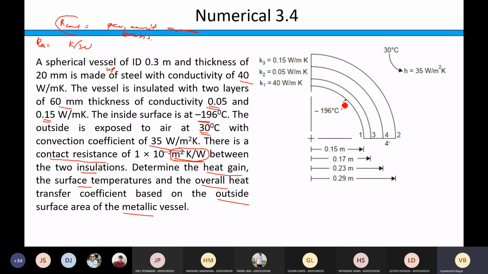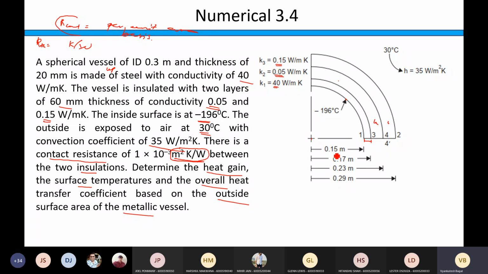This is your inner surface having the temperature minus 196 degrees C. Then this is the thickness of your metallic vessel, and the K of this thickness is 40 watt per meter K. Then you have two layers of insulation. This is insulation layer 1, and this is layer 2, and their thermal conductivities are specified here. The first layer has thermal conductivity 0.05, and the second 0.15, right?